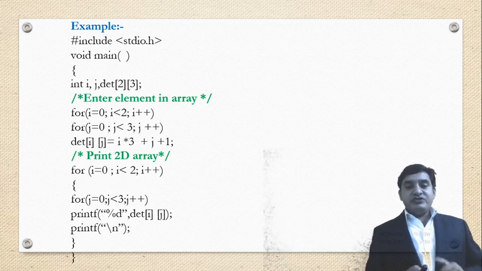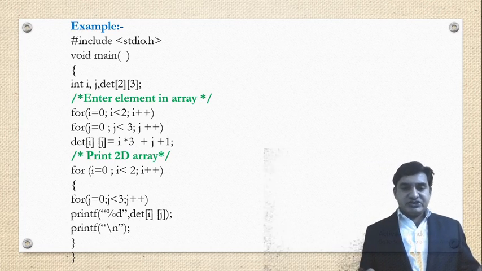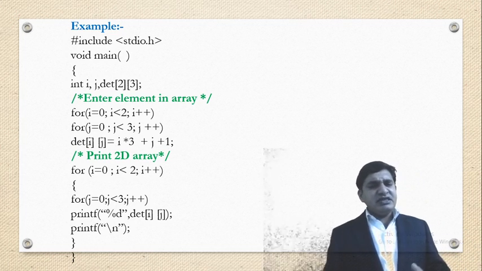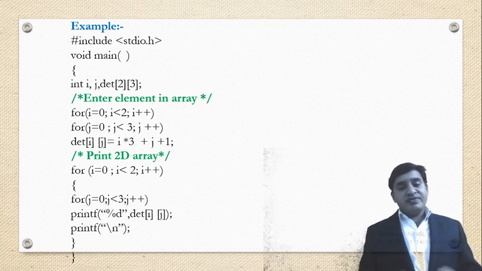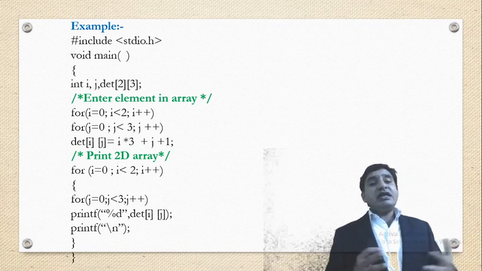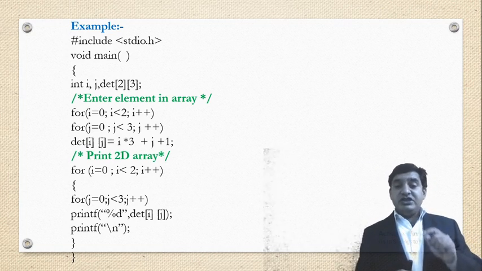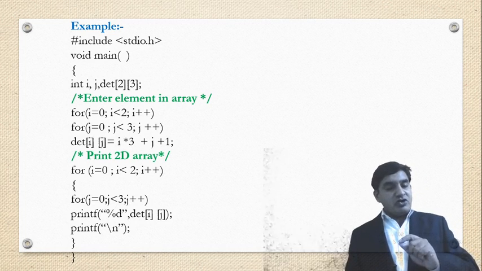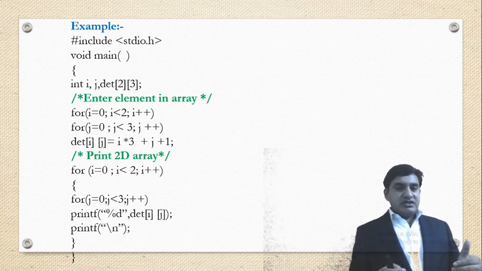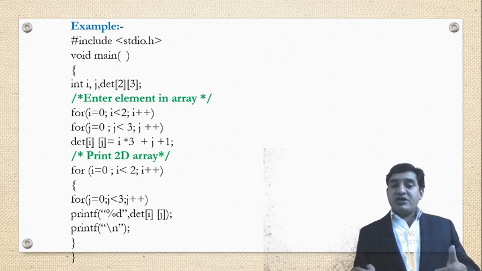Now printf, this is used to print the matrix or the array elements, or to display all these array elements on the screen. We use percentage d because the array elements are integers. det i, this is for row, j for column, so that the matrix, which consists of 6 array elements, is displayed on the screen.